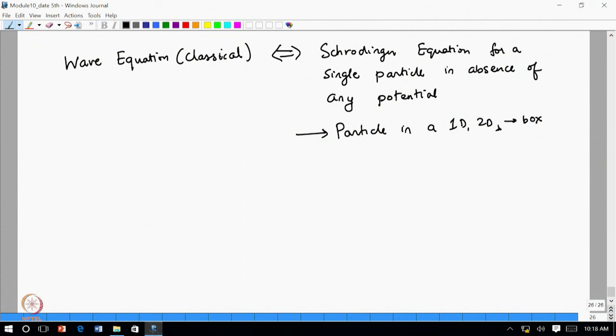Now, there is actually a very nice thing. In 3D we have the radial and angular parts. The angular parts give you Legendre polynomials.